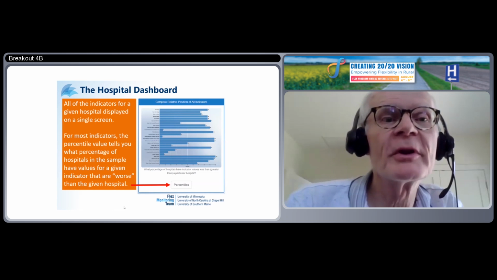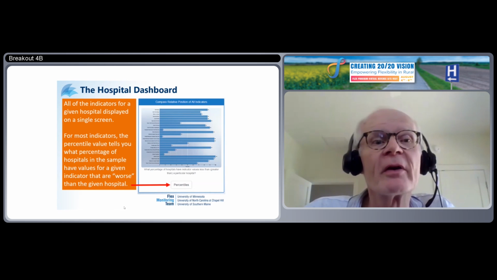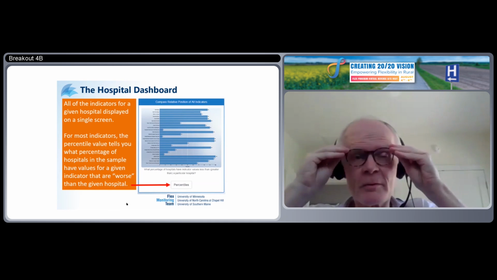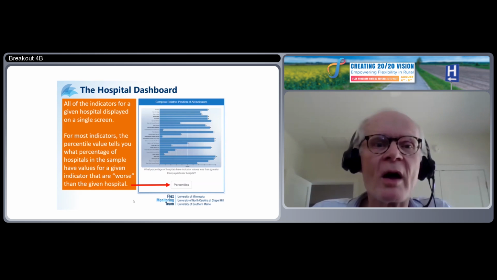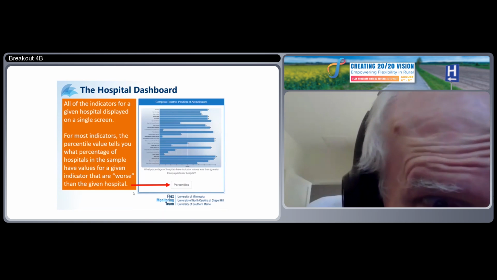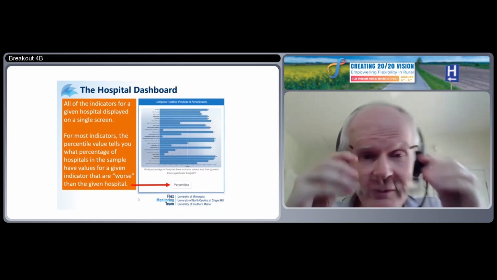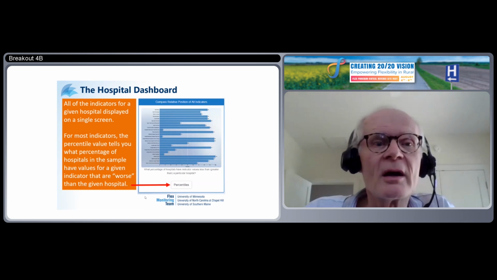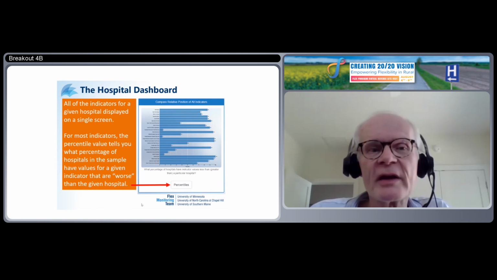So this hospital, you can see on total margin, it's doing very well. I can't see the actual number, but it's doing better than the overwhelming majority of hospitals. On the other hand, on some of the other indicators, which one is it? Outpatient services as a percentage of total revenue, it's not doing as well. So this gives you a nice little snapshot.